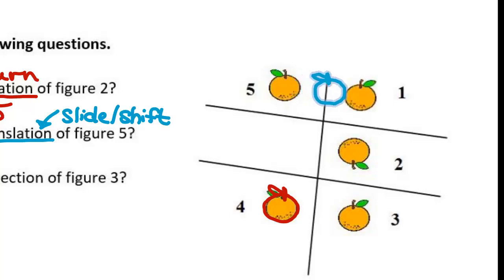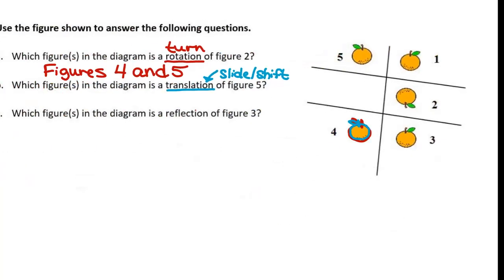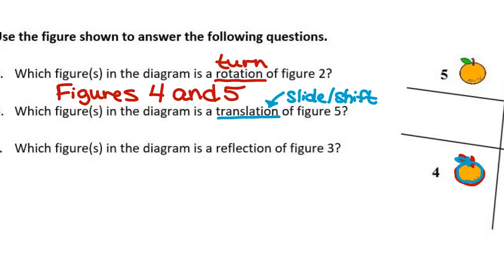If I slide it over here to figure 1, does it match? No, the leaf is on the wrong side. What about if I slide it down to figure 4? Does that match? Yes, the leaf is on the correct side this time. Are there any others that have the leaf on the left side?